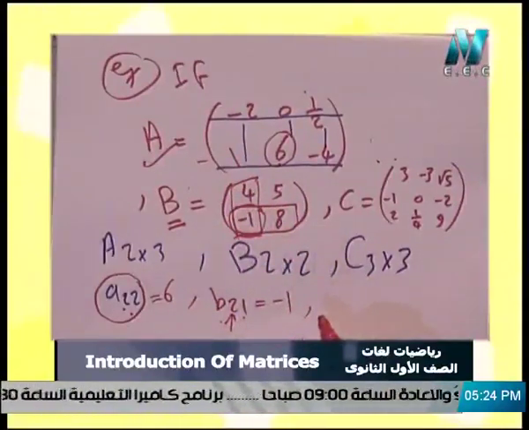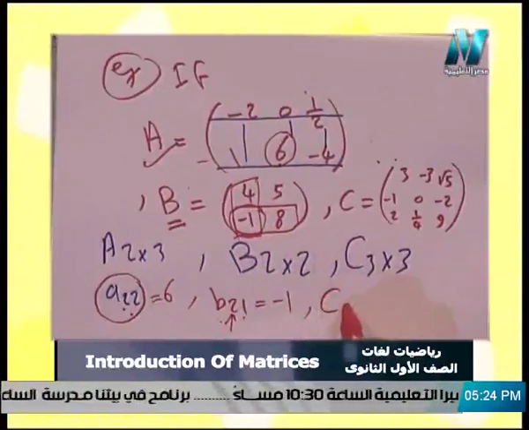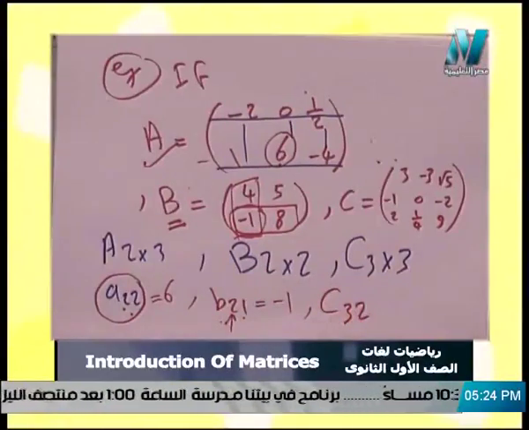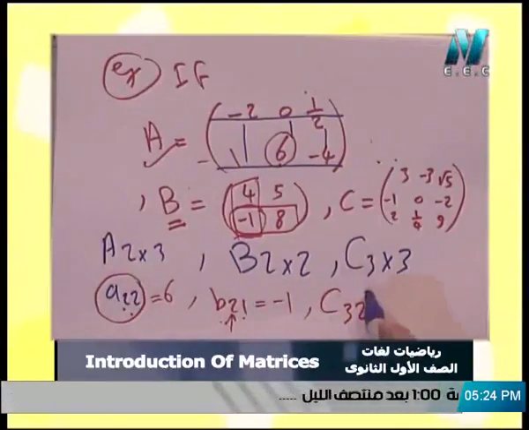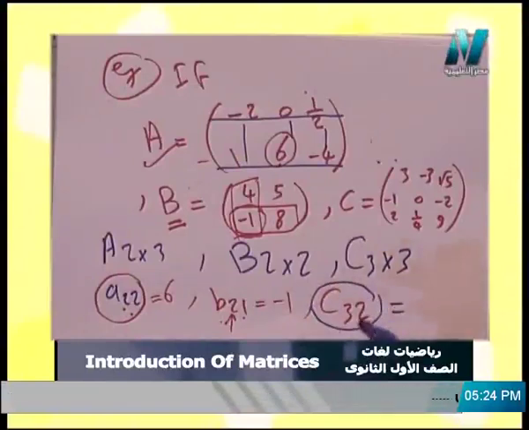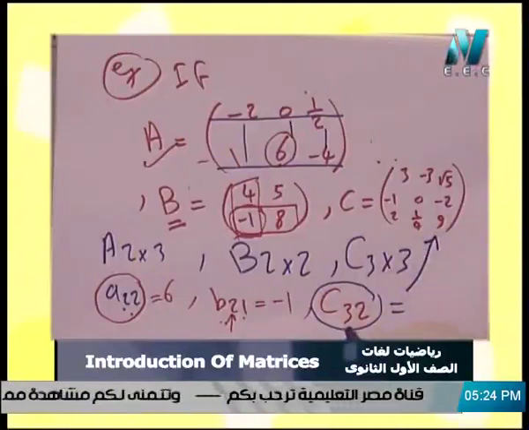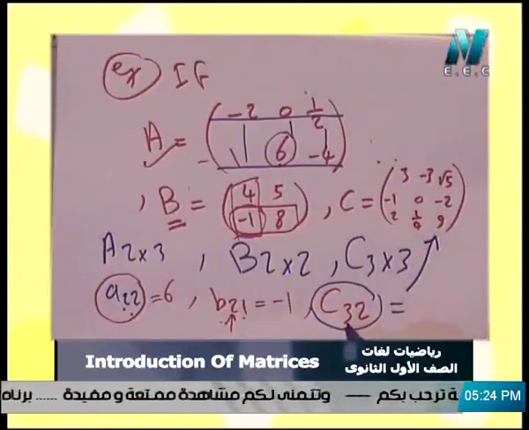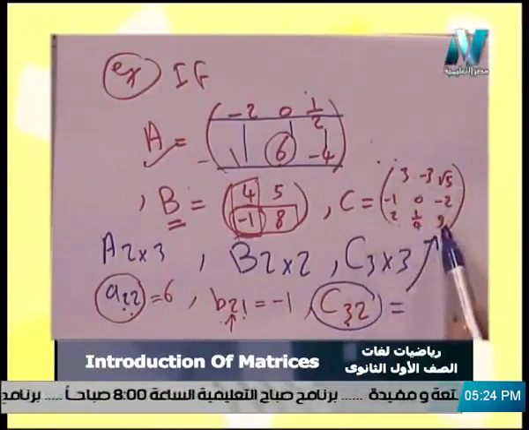Now we can say c32. We have here a small c, so it is an element in the matrix C, and 3 means the row number 3: row number 1, number 2, number 3.